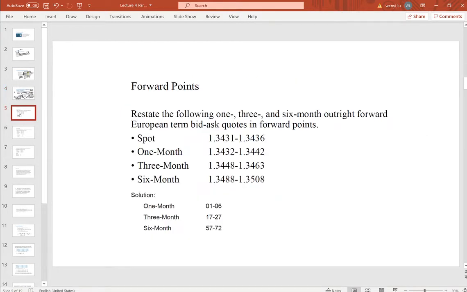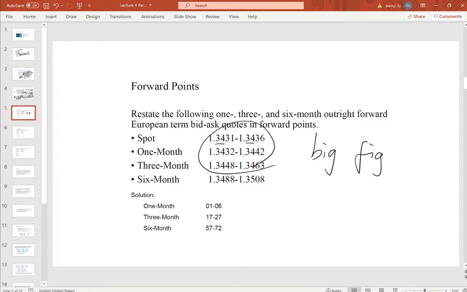Next one. We studied in the first class of this chapter that when a dealer reports a quote in the market, they need to save time, and every market participant knows the big figure. Big figure means the first 2 digits of the quote.